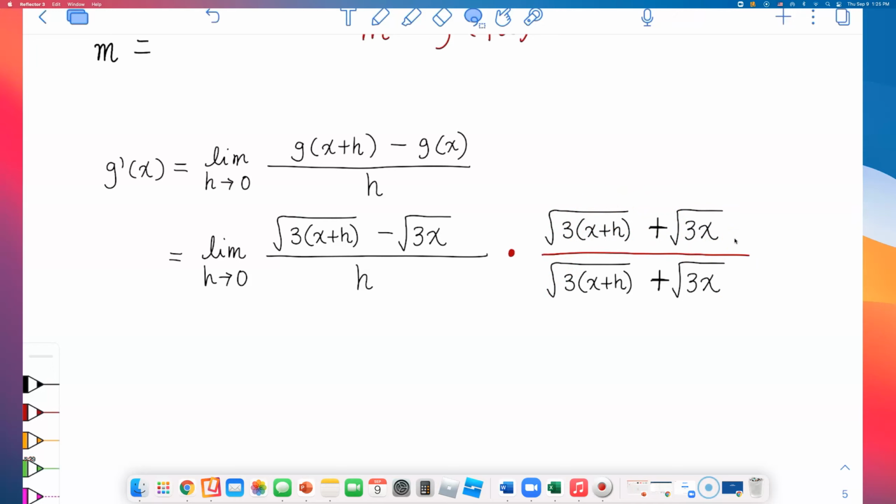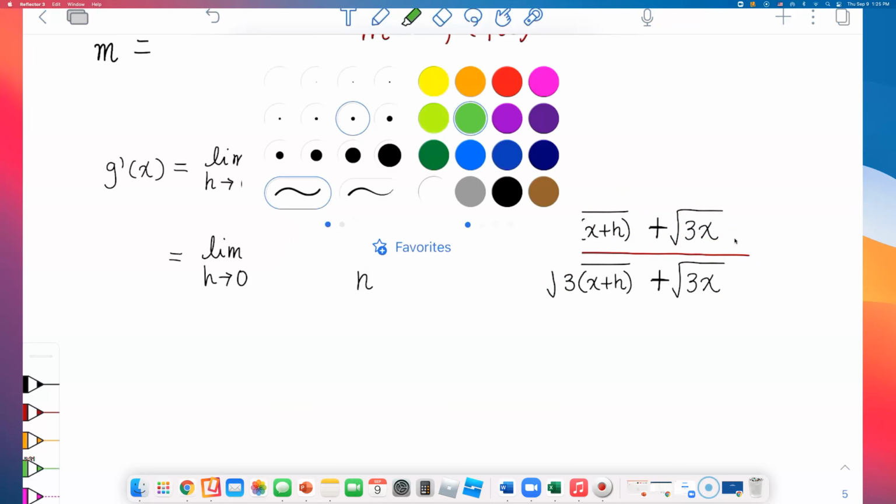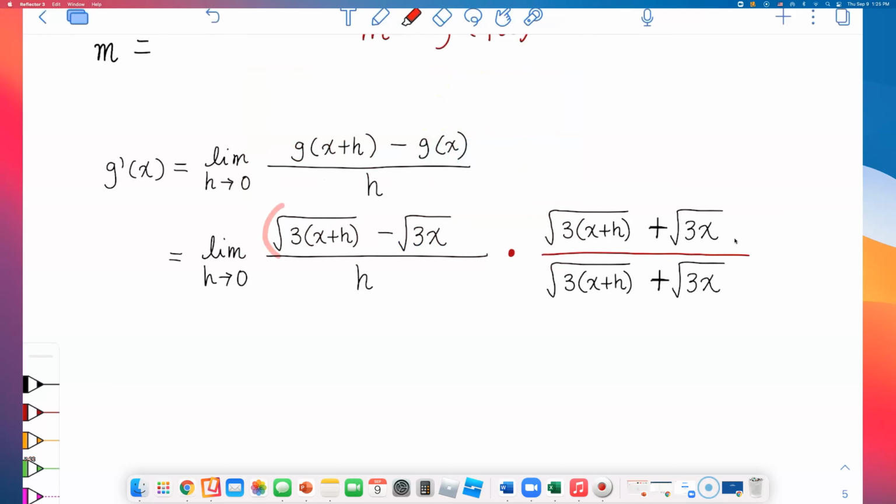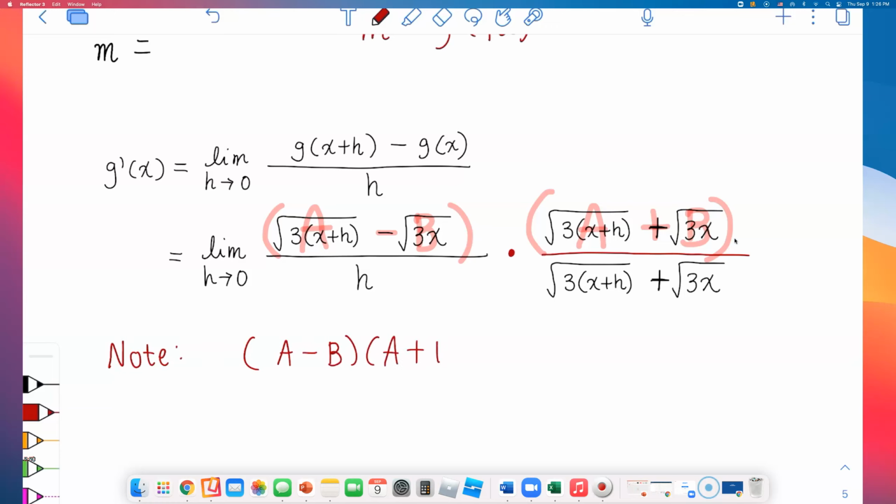All right, let us do the multiplication. This part, think of this as a minus b times a plus b, right? Note, a minus b times a plus b is equal to a squared minus b squared. And why is that significant?